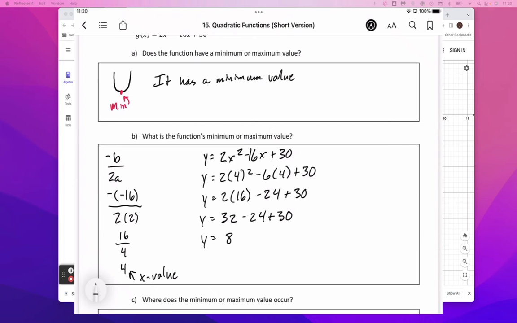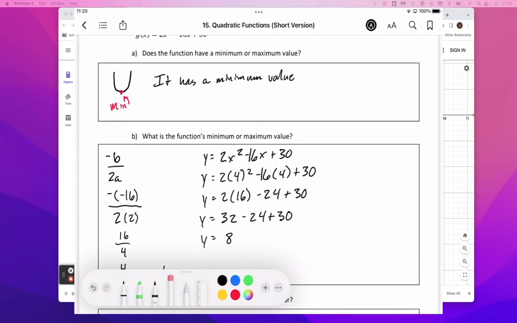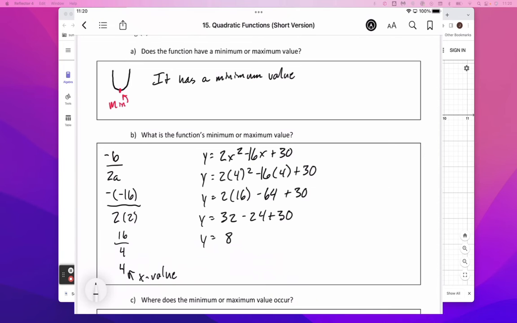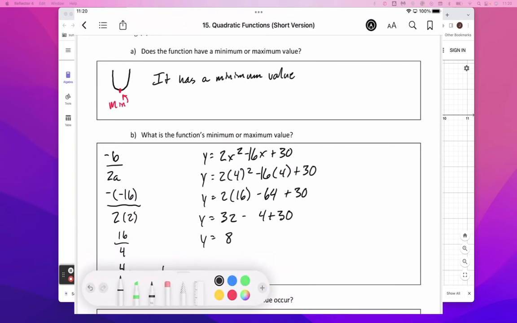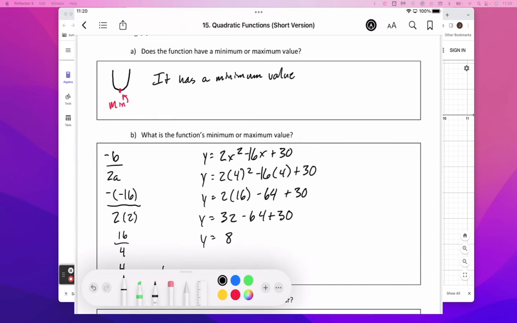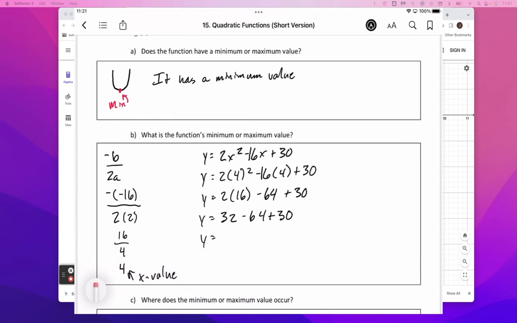I wrote 6 instead of 16. So that number that was -24 is going to be -64. I hate typos. I've been making a lot of them in this homework assignment, it seems like. So 32 minus 64 is going to give us -32 plus 30.